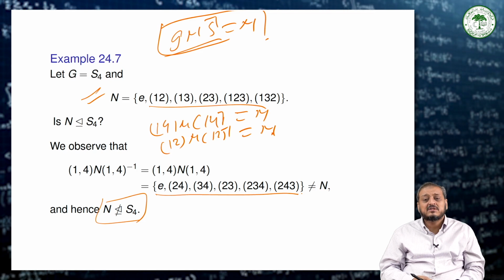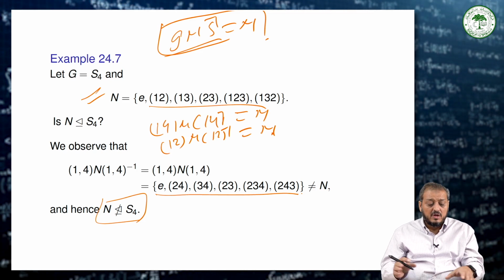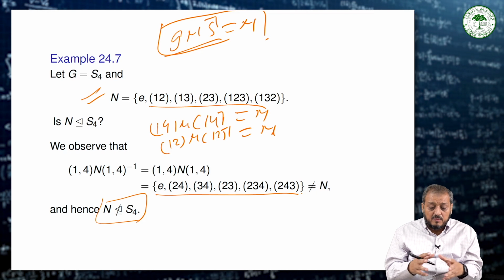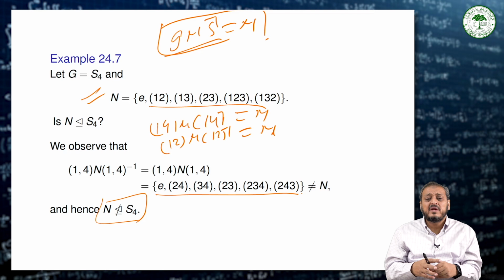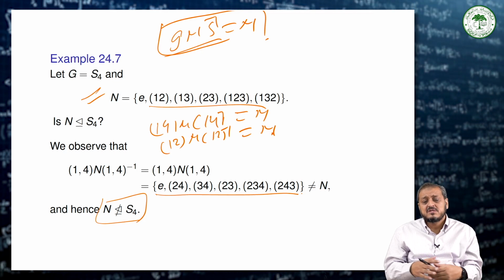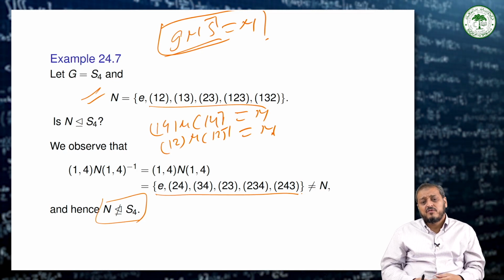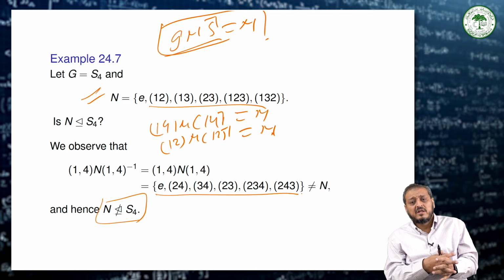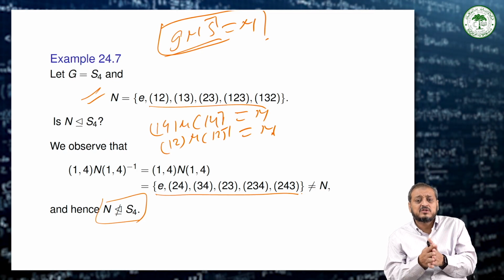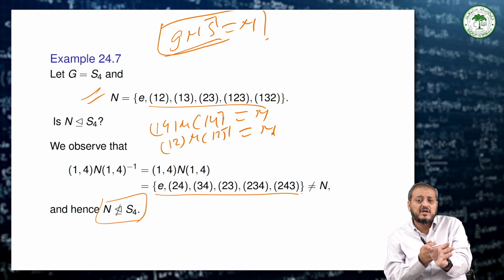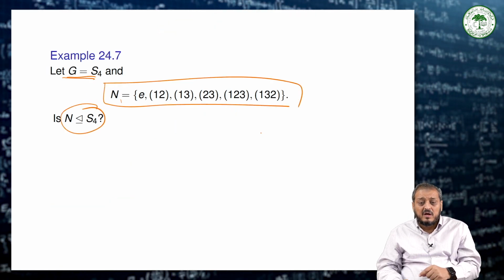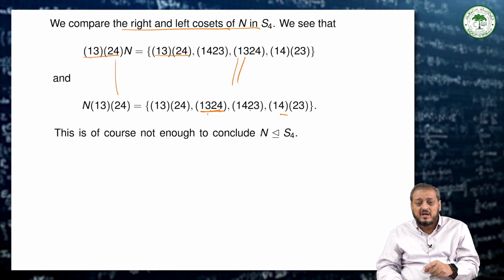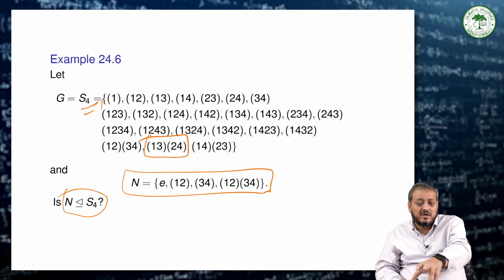So now I have discussed this normality of a subgroup, and some interesting examples for S4, and shown two methods for S4 to check whether a subgroup is normal or not. Here we took different examples.